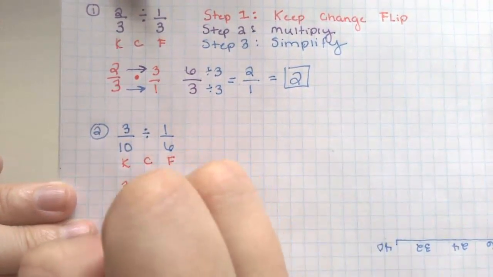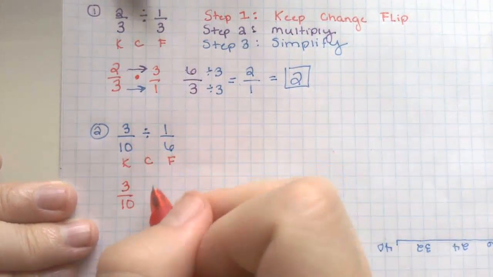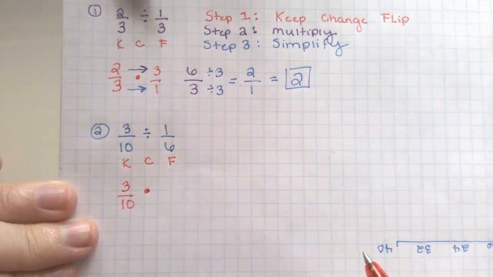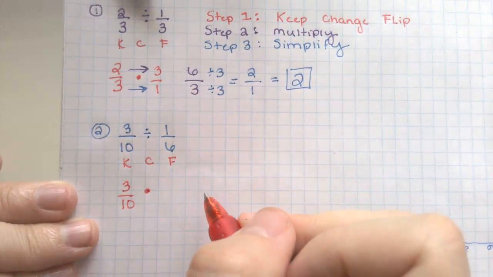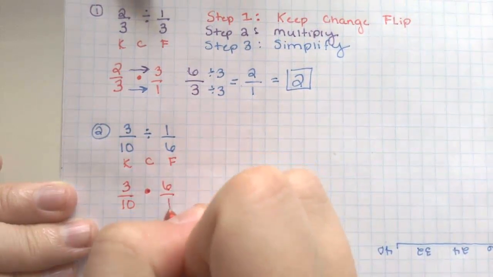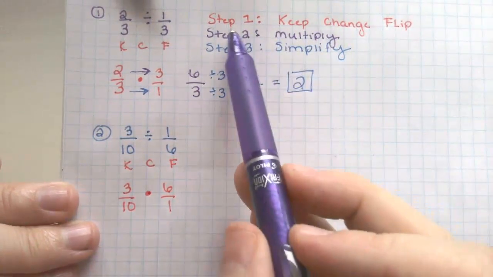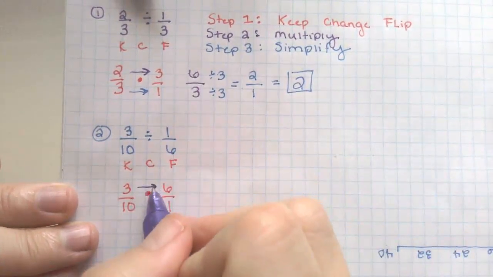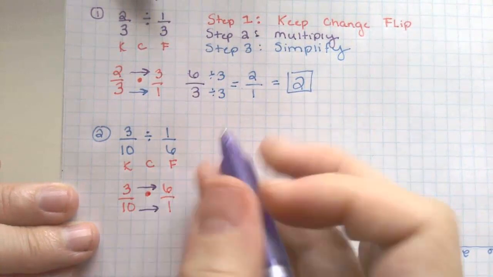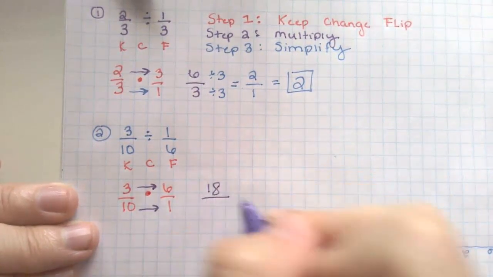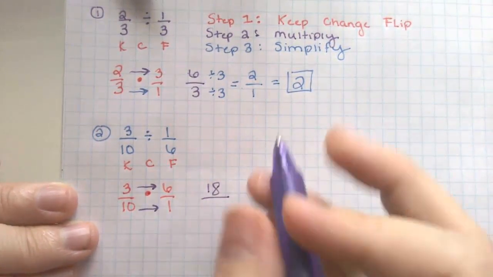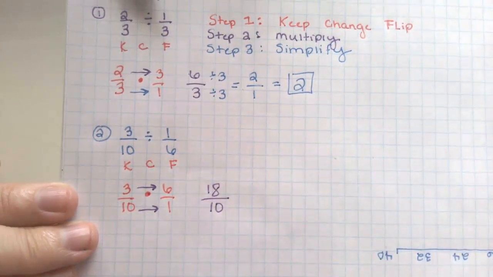Keep the 3/10, change division to multiplication, flip. Instead of 1/6, we're going to do 6/1. Step 2 is just multiply right on across. 3 times 6 is 18. 10 times 1 is 10.